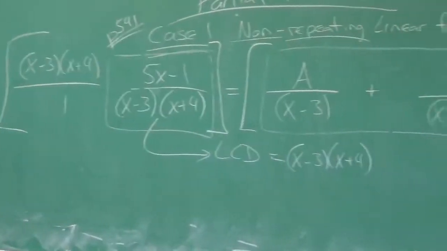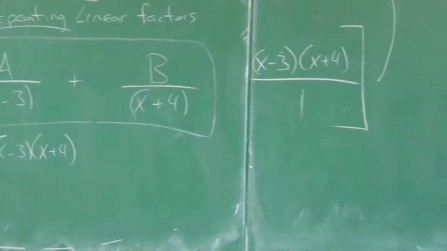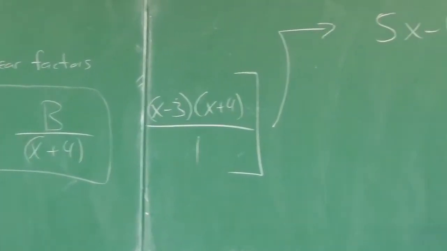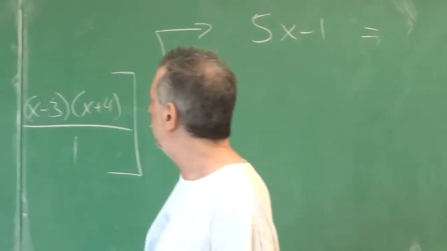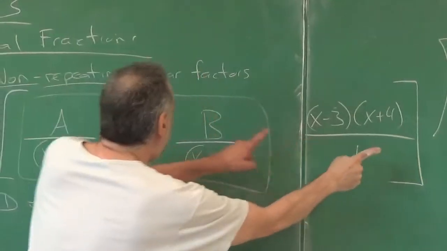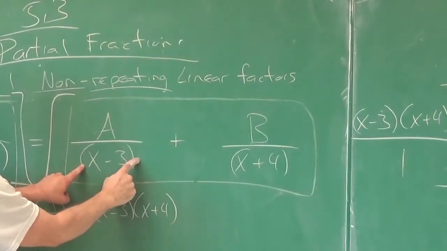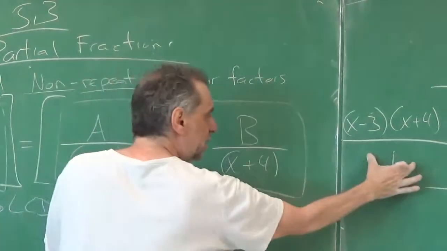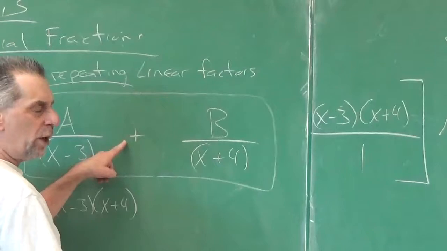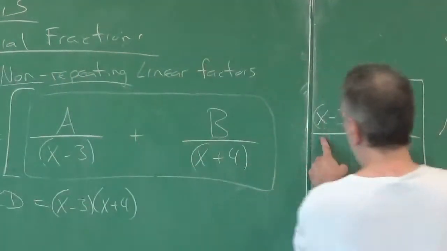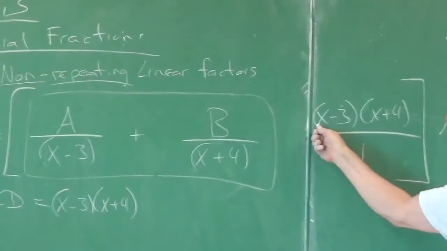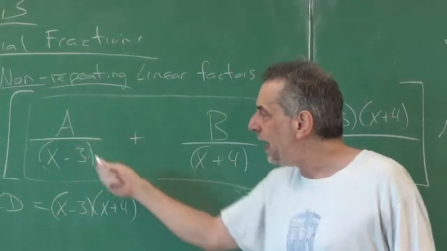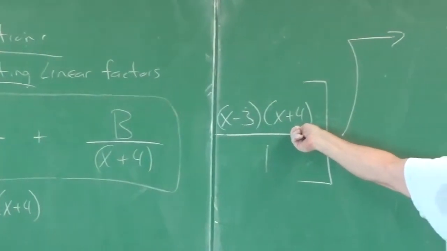So let's come over here and you multiply that out and get 5x minus 1 on the left-hand side. On the right-hand side, you're multiplying this fraction times this fraction, and then you're adding to that this fraction times this fraction, distributed properly. So you multiply this fraction by this one, the x minus 3's cancel out, you're still left with the unknown A and this factor of x plus 4.